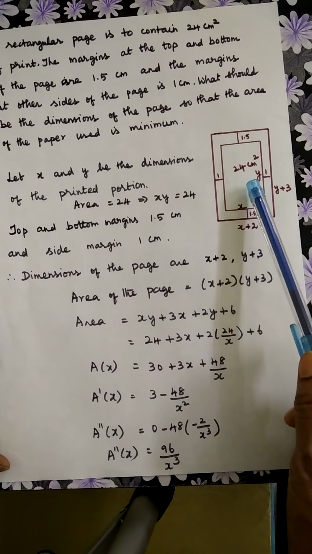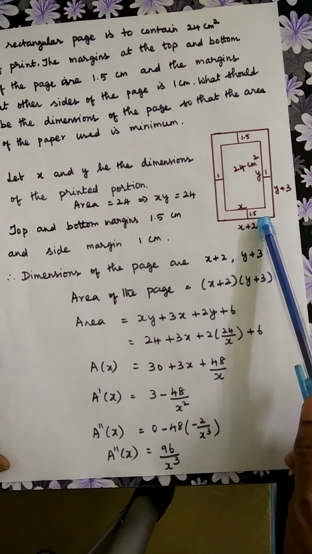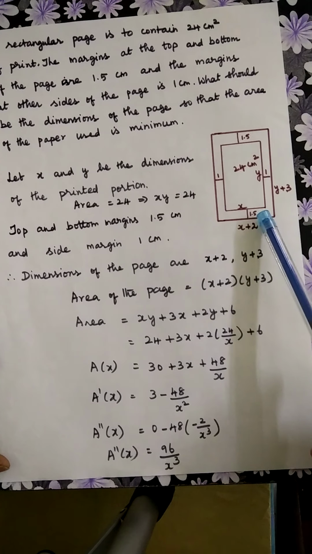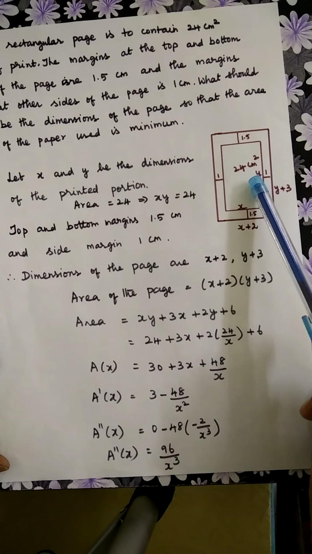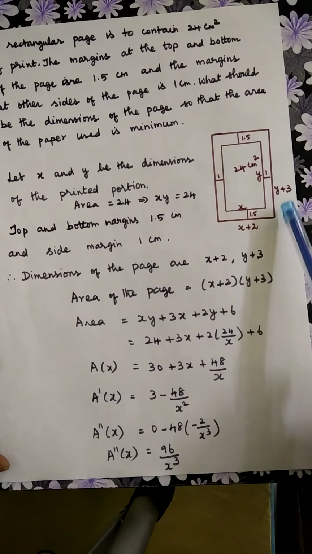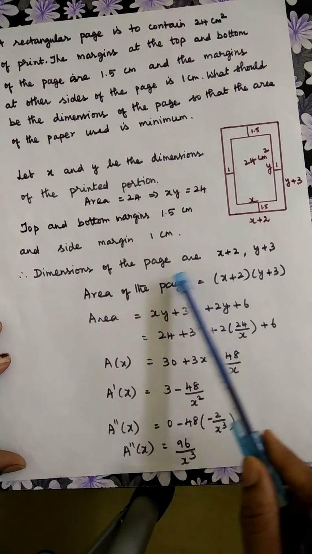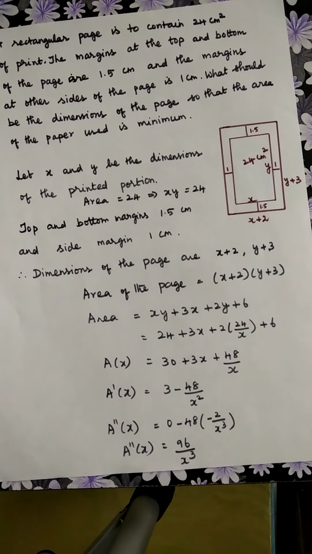Similarly, here y, bottom margin 1.5, top margin 1.5. So, 1.5 plus 1.5, 3. So, this breadth is y plus 3. Therefore, dimensions of the page are x plus 2, y plus 3.